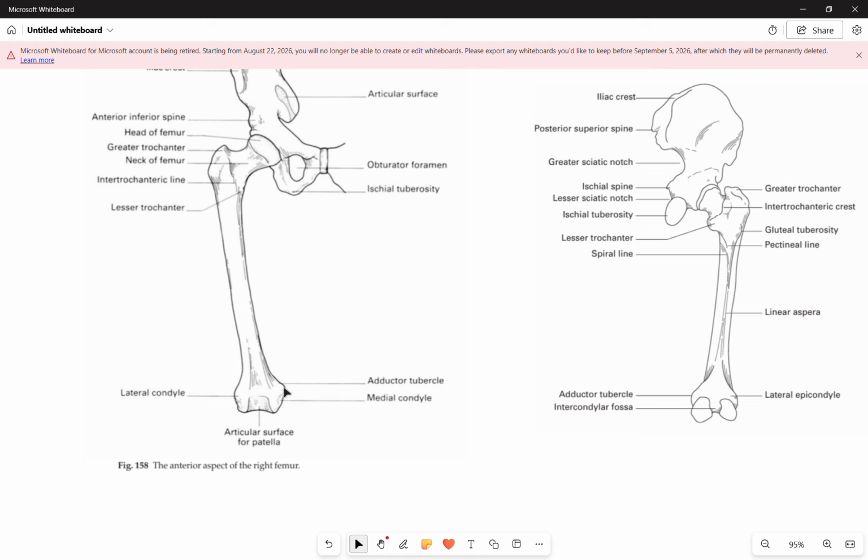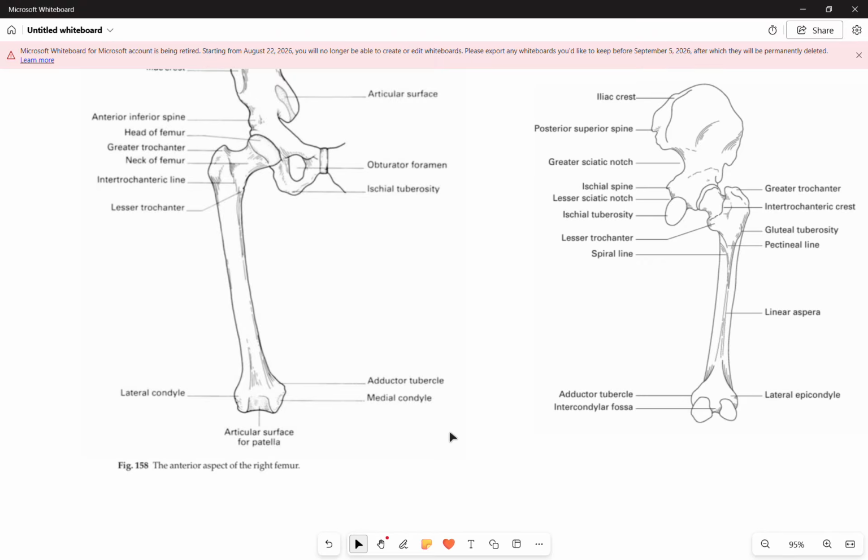And there are two epicondyles, and on the medial epicondyle there is an adductor tubercle. And there is an articular surface anteriorly which articulates with the patella.